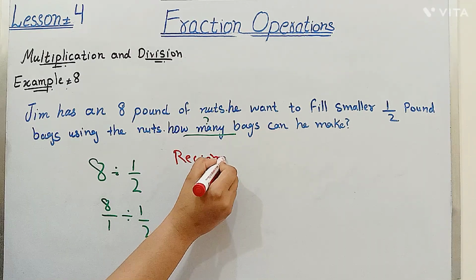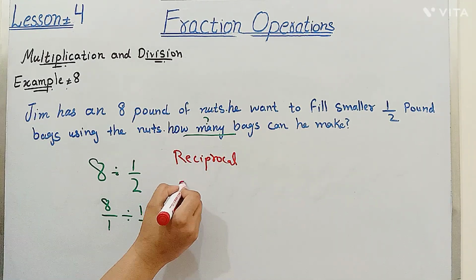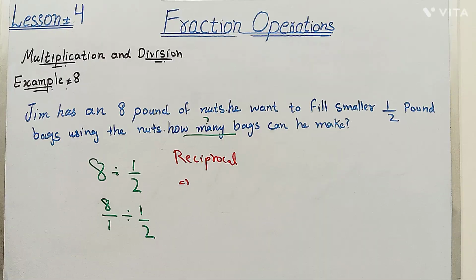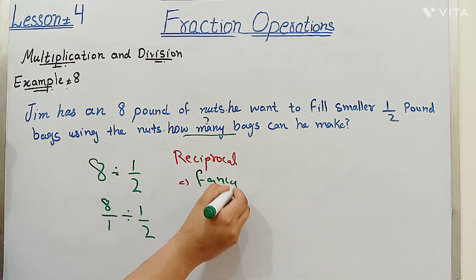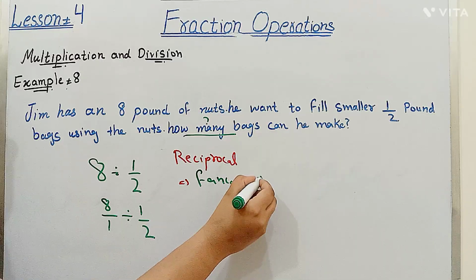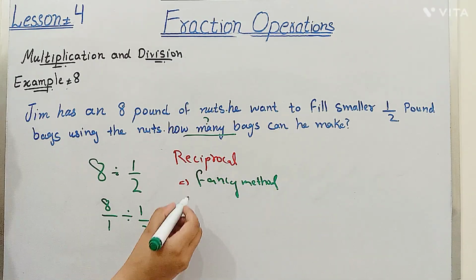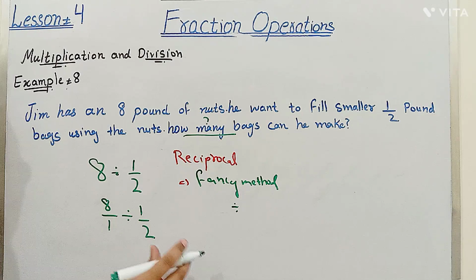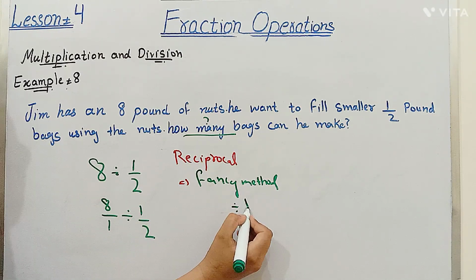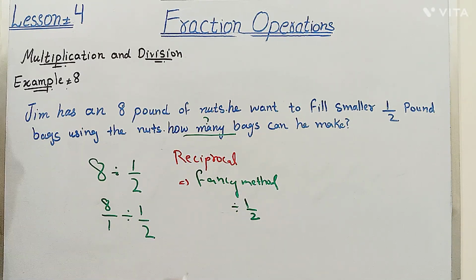Reciprocal is a fancy term, in which if there is a division, the fraction after the division will be flipped, 1 over 2 becoming 2 over 1.